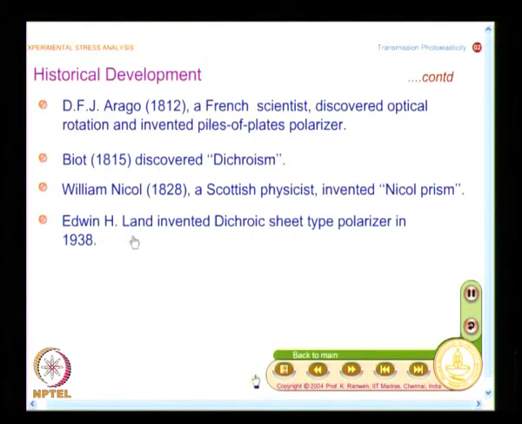And it was Land who invented the dichroic sheet type polarizer in 1938. See, dichroism was observed in 1815, and it became available as a commercial product for us to use in photoelasticity only in 1938.